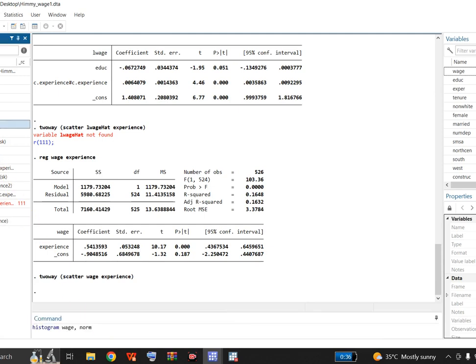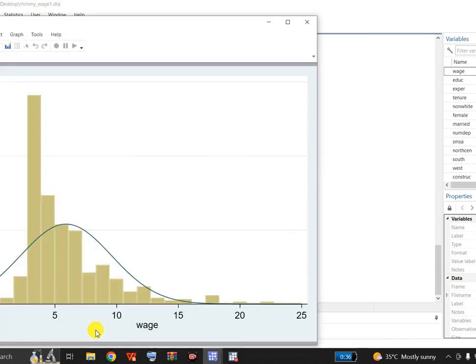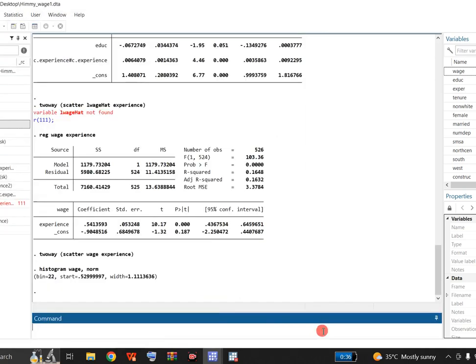I'll use this, and if you look at this histogram with the normal density function, it seems that this is not really a normal distribution. It's somewhat skewed. So this is the eyeball guess. So this is not normal. Later on, we will also use some tests for normality of this variable.